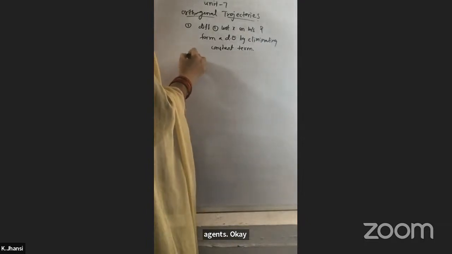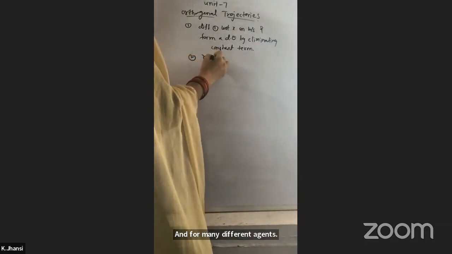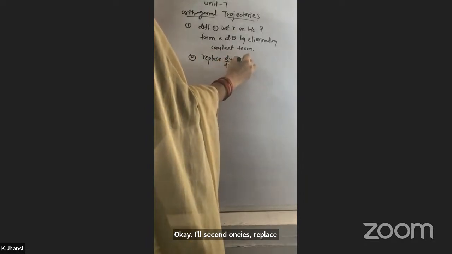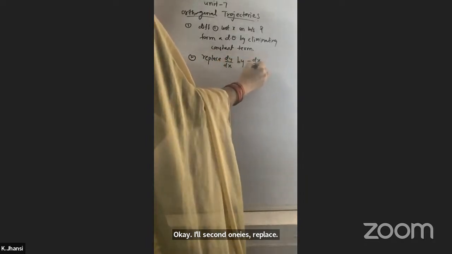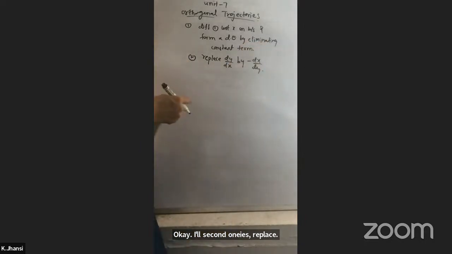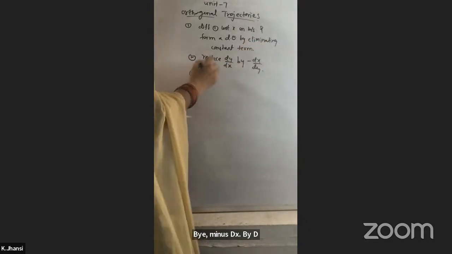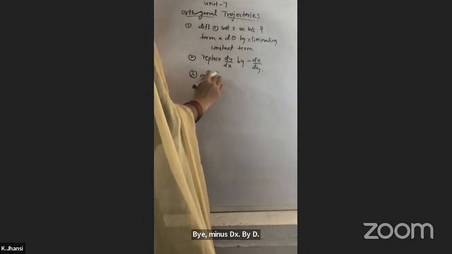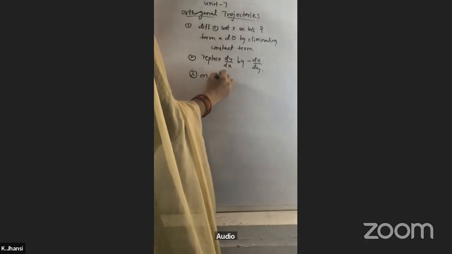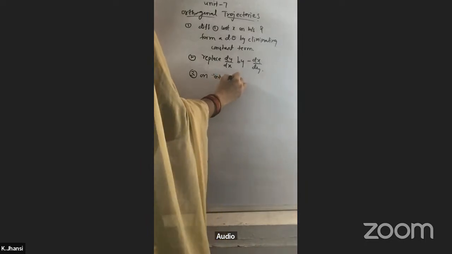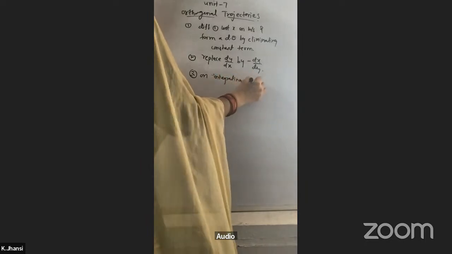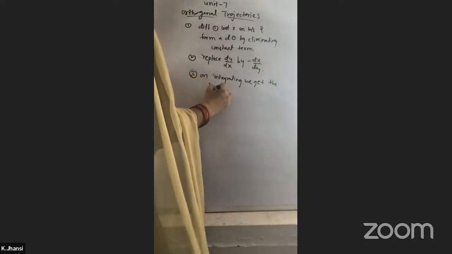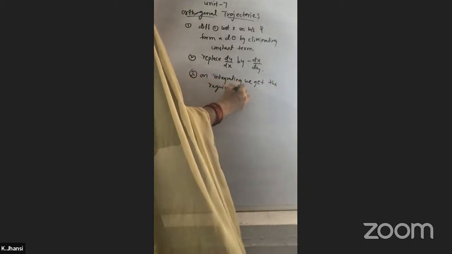Now the second one is replace dy by dx by minus dx by dy. This is the second one. And the third one is on integrating, we get the required OT.